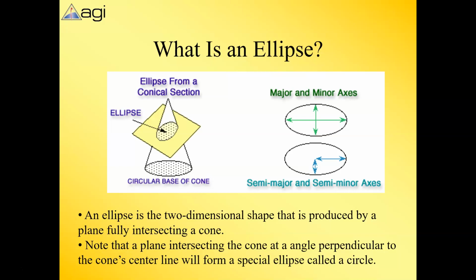An ellipse is the shape you get if you take a plane and cut that cone at any angle that's not parallel to the base, and you pull that top off and look at it flat. And we can look at an ellipse and make some definitions and distinctions.